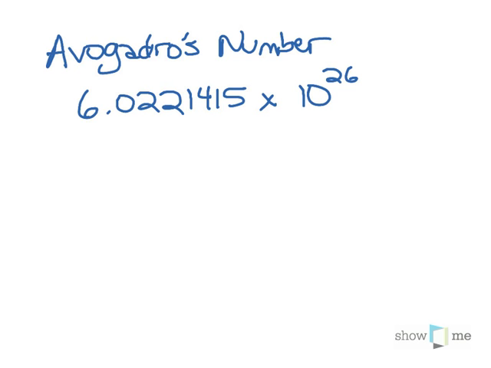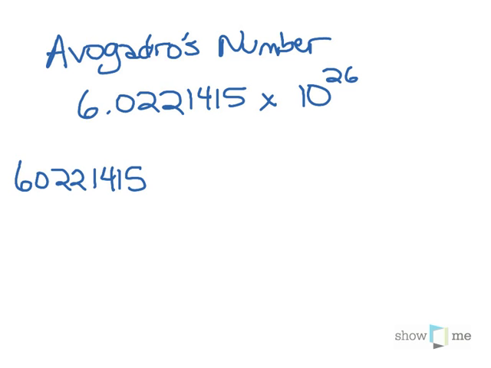So, Avogadro's number is going to have the digits 6, 0, 2, 2, 1, 4, 1, 5. Now, if the decimal point were to the right of that 5, we would have moved it 7 places already. When we multiply by 10 to the 26th power, we move the decimal point 26 places to the right. Well, as written, we've already done 7.